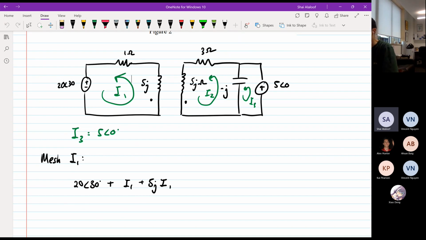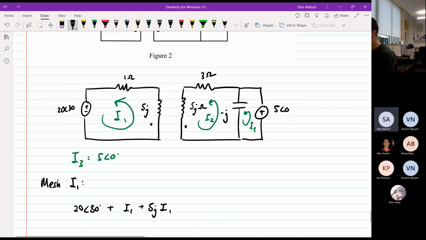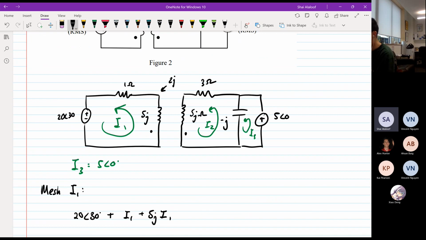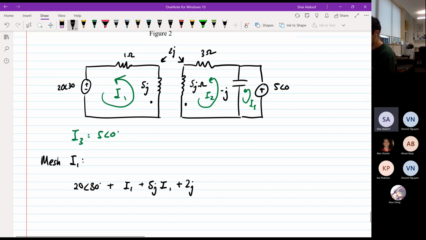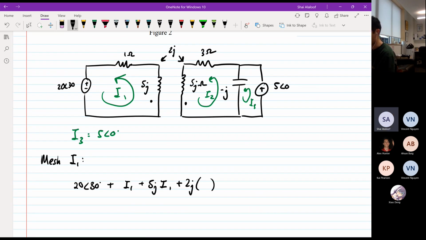However, the dot terminals do matter. So my current is going through here, right? So since it's going through the dot, it's entering the dotted terminal, right? Oh, and the mutual inductance, what was it? 2J. So since it's entering the positive terminal, I'm going to have plus 2J, and whatever is going through the dotted terminal of the other inductor. So in this case, it's negative I2, right? Since I2 is going into the non-dotted terminal, whatever's going into the dotted would be the negative of the I2 current.